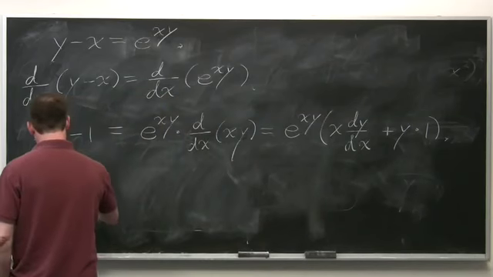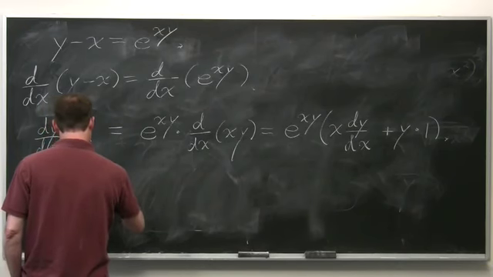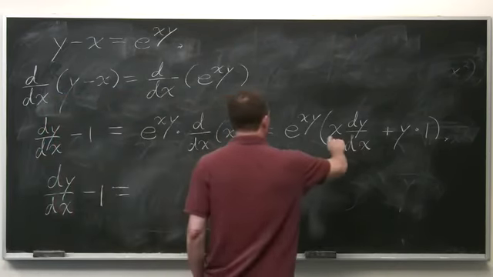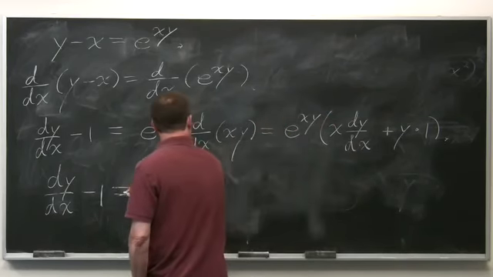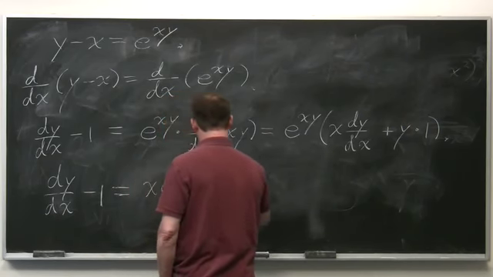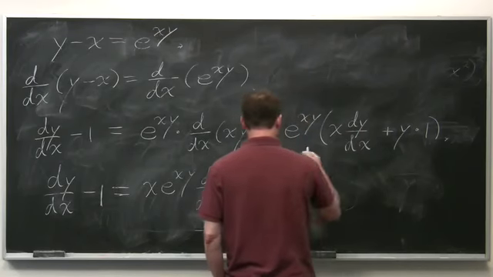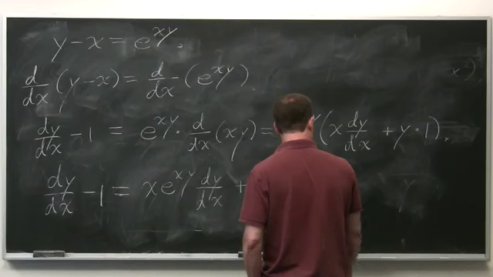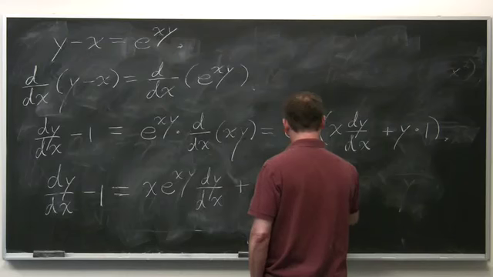So you get dy dx minus 1 equals, you multiply this out because we want to collect dy dx terms. So if you multiply this through, you get x e to the xy times dy dx plus, so when I say multiply it out, you distribute multiplication over addition, plus y e to the xy.